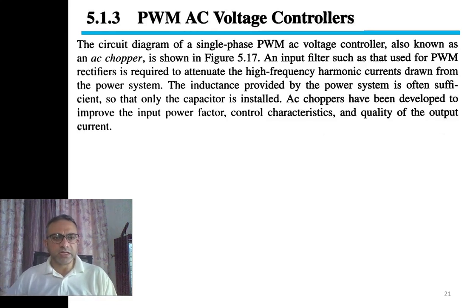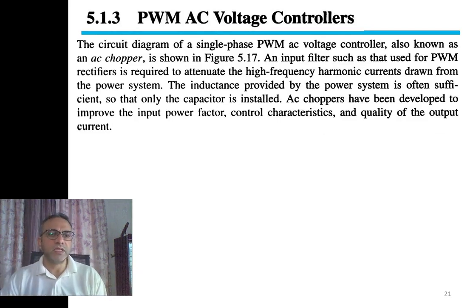The filter design is very simple. The filter only consists of two components: one is the inductance and one is the capacitance. In this lecture, we will see that the filter is very important for PWM AC voltage controllers. The input filter is highly essential.